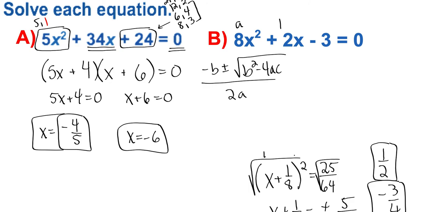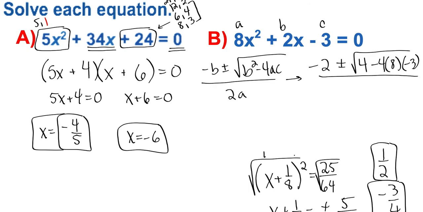So that's my A, that's my B, that's my C. Whatever the signs are, they go with it. So negative B plus or minus square root of B squared, so that's a 4, minus 4AC over 2a. So that's 2 times 8, which is 16.